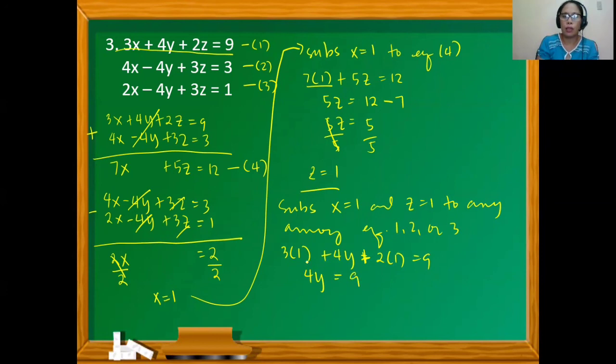So we have 9. 3 times 1 is 3, and transposed to the other side, we have minus 3. 2 times 1 is 2, transposed to the other side, minus 2. So 4y equals 4. Divide both sides by 4. We have y equals 1. So the solution for the system is represented by an ordered triple: x equals 1, y equals 1, and z equals 1.